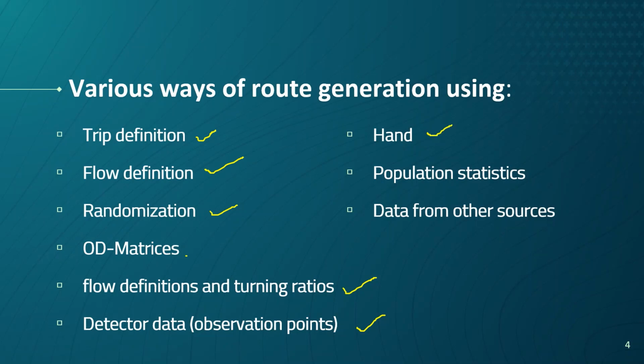Then we can use population statistics. The program activitygen, as I discussed before, can be used to turn population statistics into traffic demand. And finally, we can use data from other sources and convert them into SUMO format. Actually, it depends on your available input data. You can decide which of these methods are more suitable.